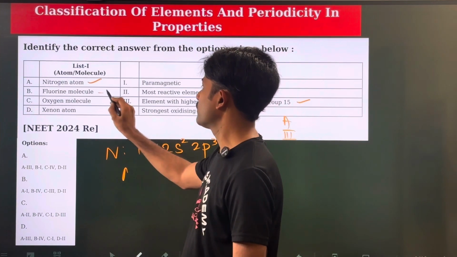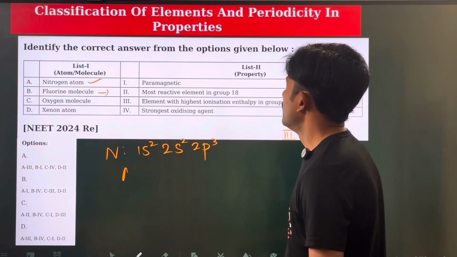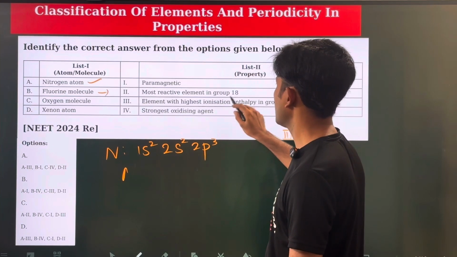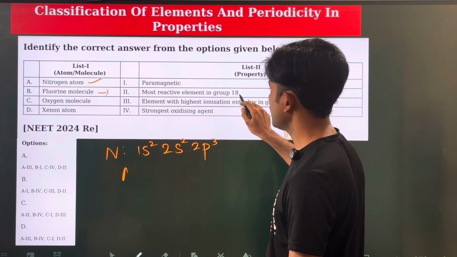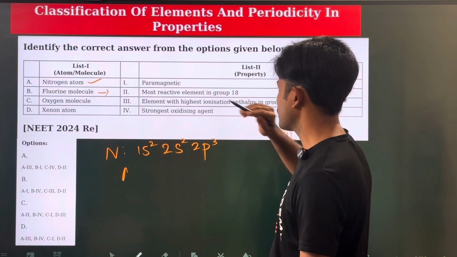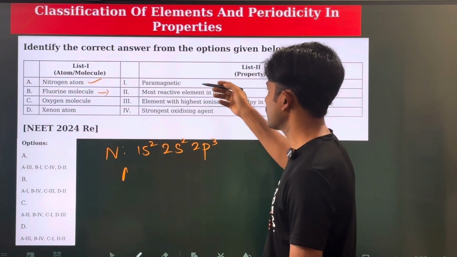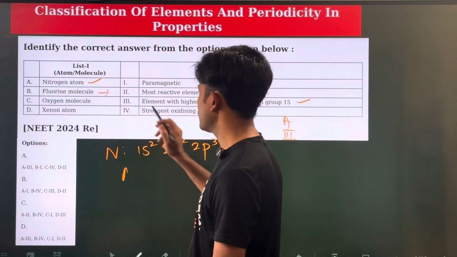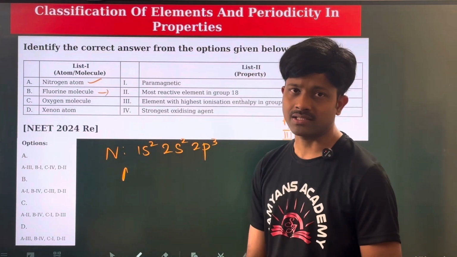Now see here, fluorine molecule. It does not belong to group 18 and it is not paramagnetic. The option matching with the fluorine molecule is the strongest oxidizing agent. Why?